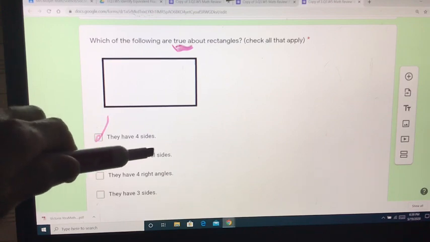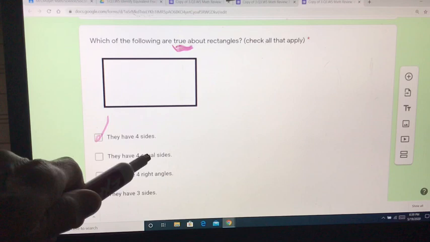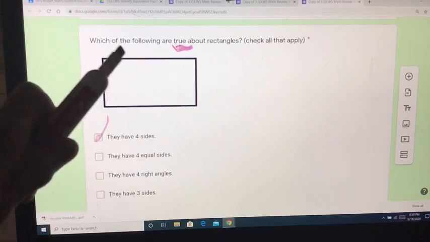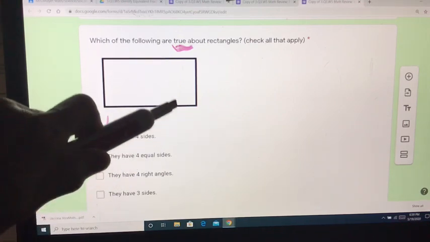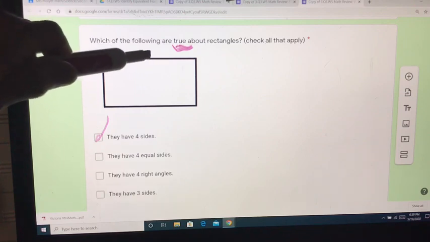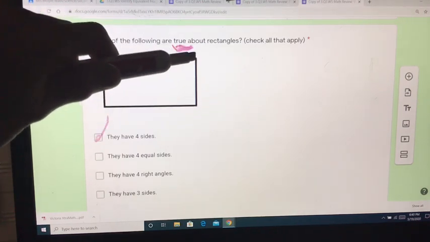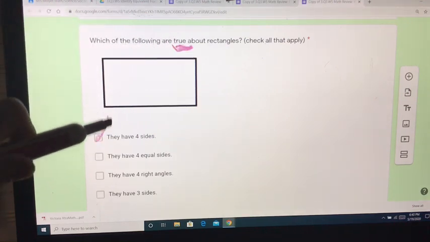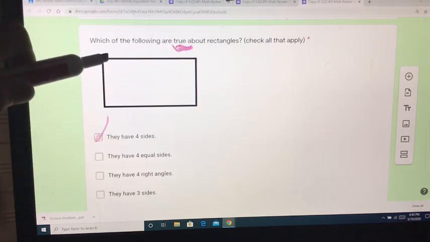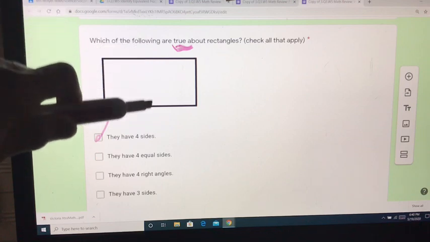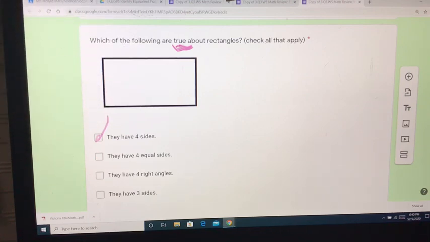They have 4 equal sides. So is the next choice that I could possibly check, but let's look at that. So in a rectangle, are all the sides the same? Are they the same size? No, if you look, the top and bottom of this rectangle are longer or bigger than the sides.